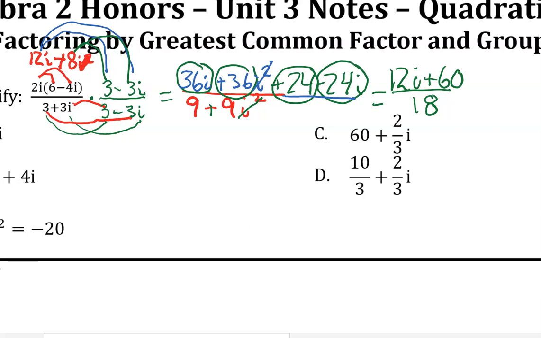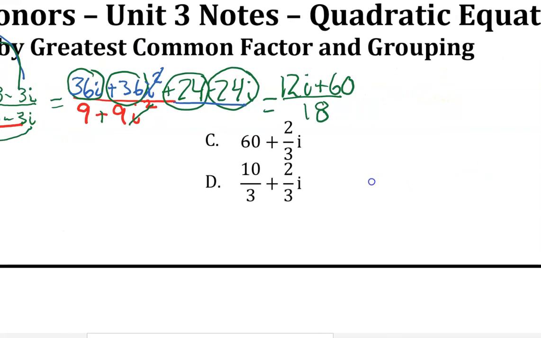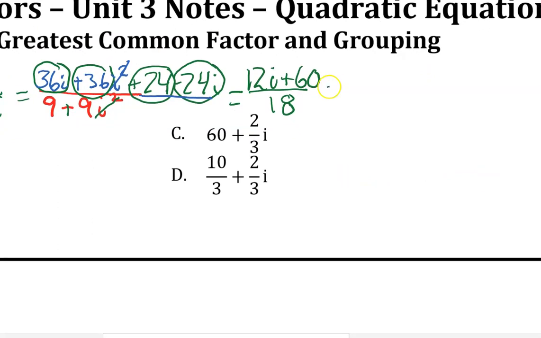So this is right, but it's not completely simplified. So we need to find a common factor for both the numerator and the denominator. We can see that 12, 60, and 18 are all divisible by 6. So we can rewrite this as 2i plus 10 over 3.